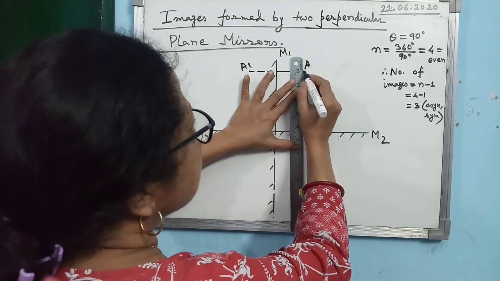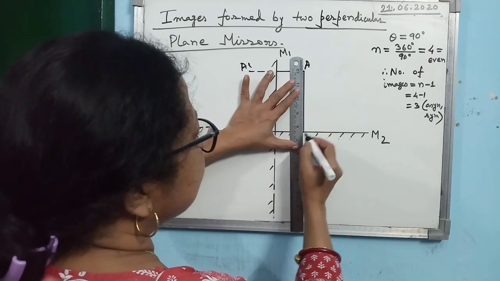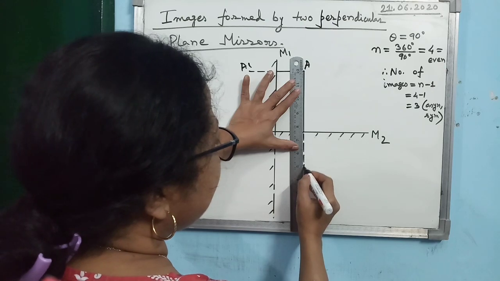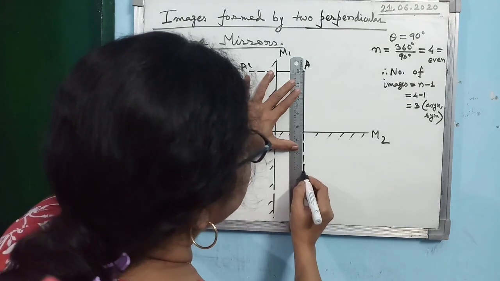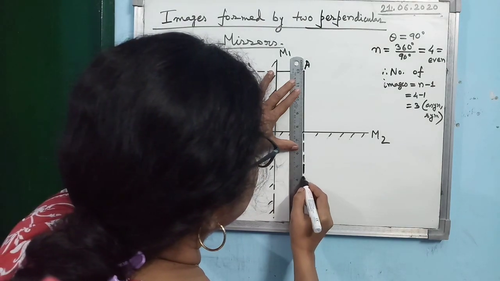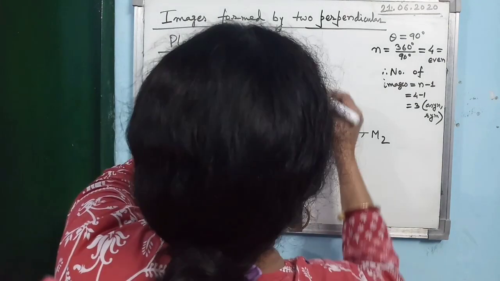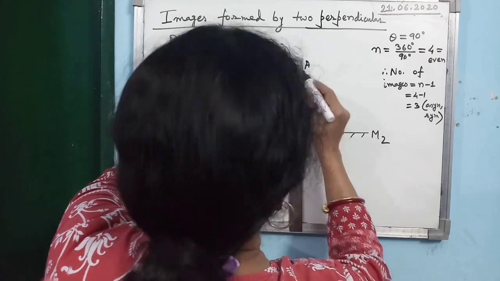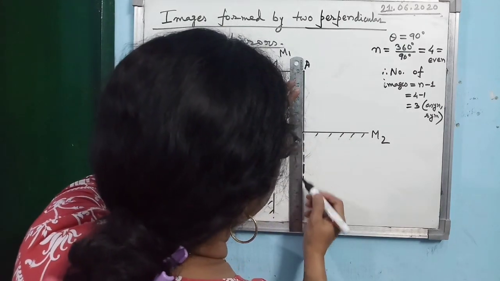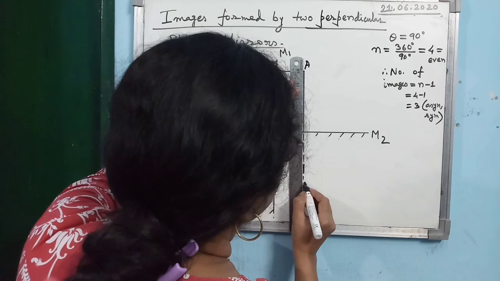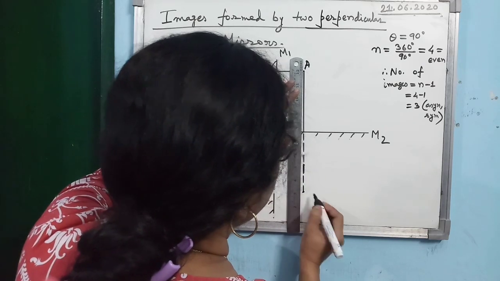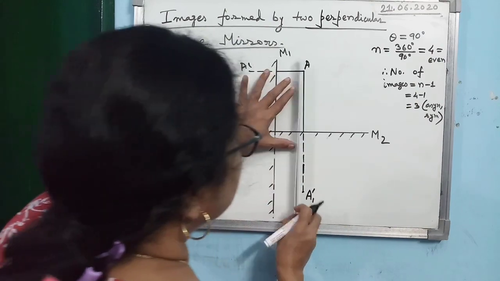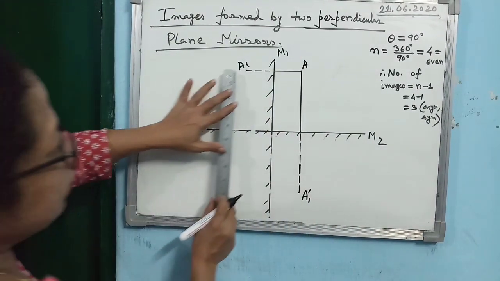What you will do is simply join it and then extend it, and at the fourth line again put a mark. Here name it as A1 dash, alright, and do the same.